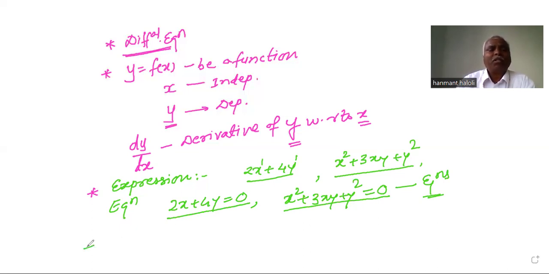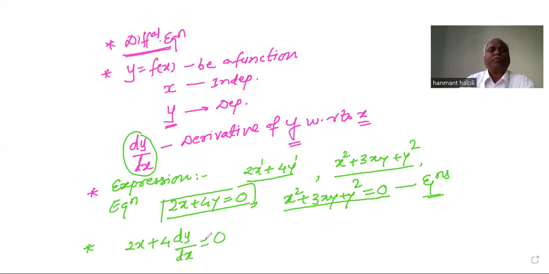Now, suppose the equation contains derivatives. Suppose we get 2x plus 4 into dy by dx equal to 0. This equation contains a derivative, also called a differential coefficient.